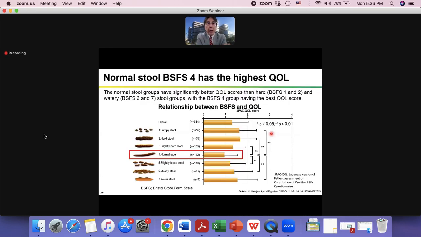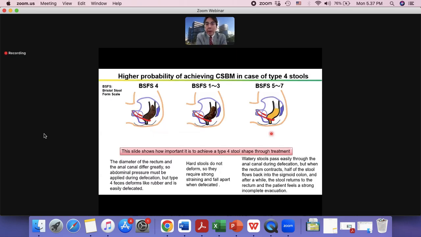This slide shows that normal stool form, type 4, has the highest QOL. You can see here the normal stool group has a significantly better QOL score than the hard and watery stool groups, with the type 4 group having the best QOL scores. A higher probability of achieving complete spontaneous bowel movement in the case of type 4 is also shown here.